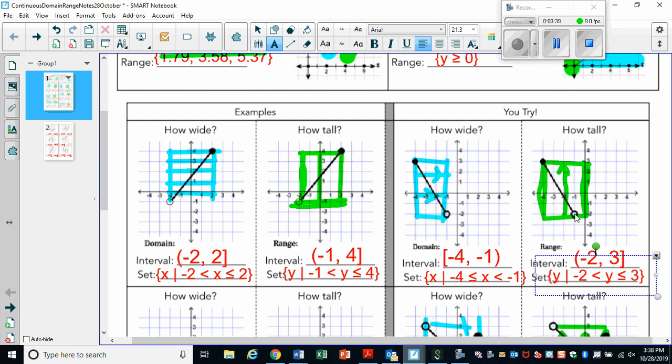So we notice our smallest value is -2, largest value +3. Since it's an open circle at -2, we use a round parenthesis, and since this closed circle is at +3, we use brackets. So our interval goes from -2 less than y, less than or equal to +3.